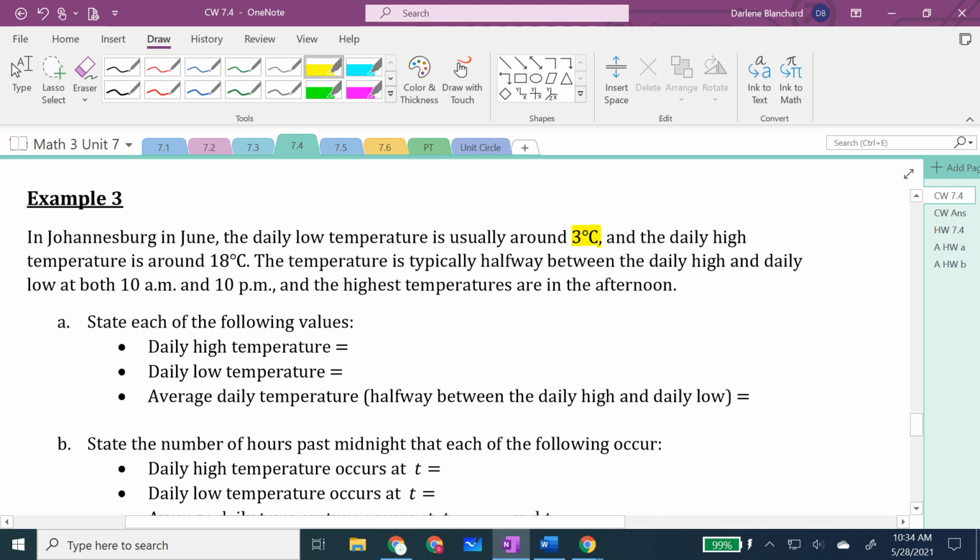And the daily high temperature is around 18 degrees Celsius. Now let's focus on the fact that that says the daily low temperature and the daily high temperature. What is that telling you that is very valuable?